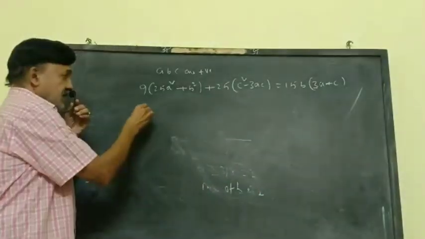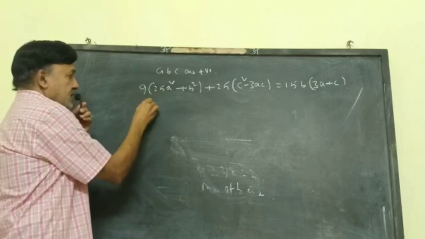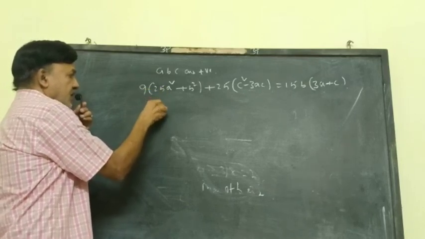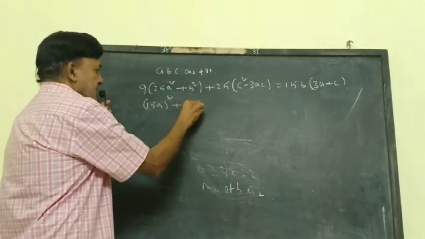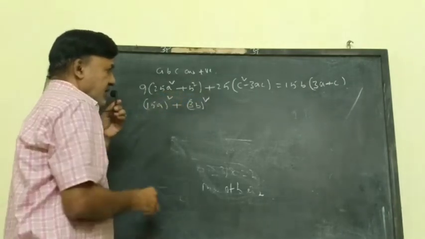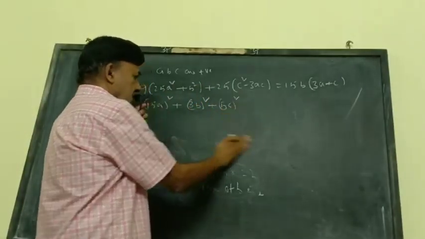See, you can plan like this. This is 3 square, 25 square, which means 15A whole square plus 3B whole square plus 5C whole square.